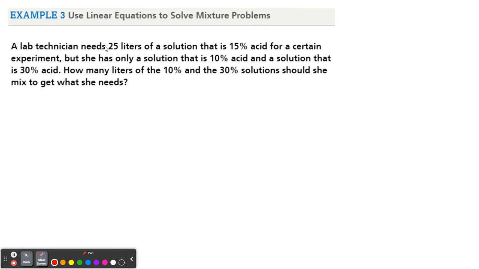So if we look here, this is what we want our total mixture to be, 25 liters of 15% acid. Okay, now we have two types of acids to use, a 10% and a 30%. And we want to know how many liters of each we would have to use to combine them and get to 25 liters of a 15% solution.